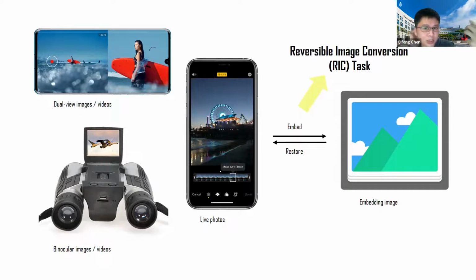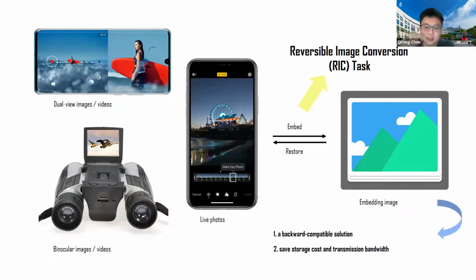We call this a reversible image conversion task, and it has some advantages in that it's backward compatible. For example, in an autonomous driving car, maybe we come up with a new way, some image set. Okay, we want to store it, but it's not easy to share in the standard hardware system.